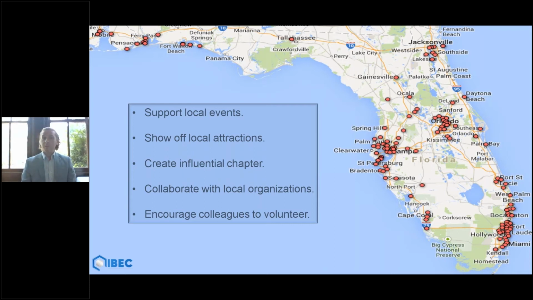Sometimes those surrounding you are your best first point of contact for bringing them to the local chapter and finding that new volunteer. So if you're mentoring someone in your office, if you have a colleague that's new to the office, encourage them and invite them to the next chapter program. They might be that next superstar chapter volunteer.